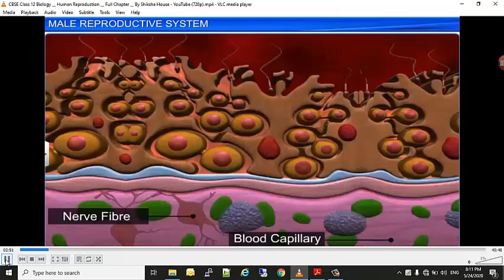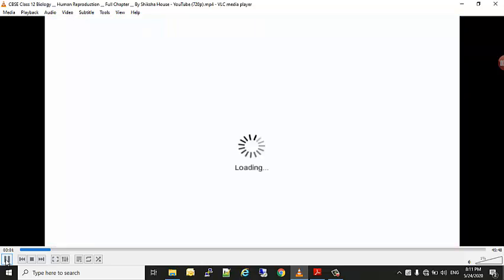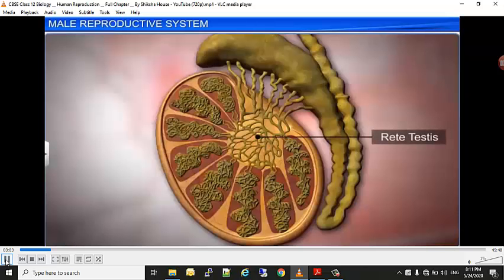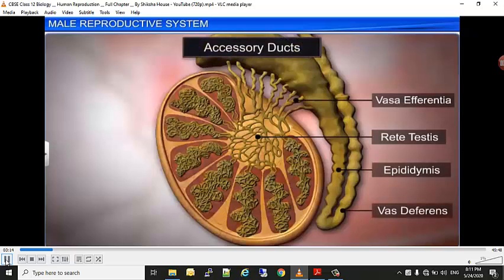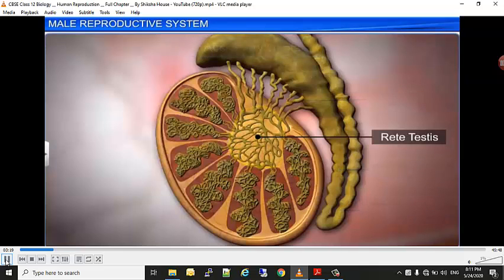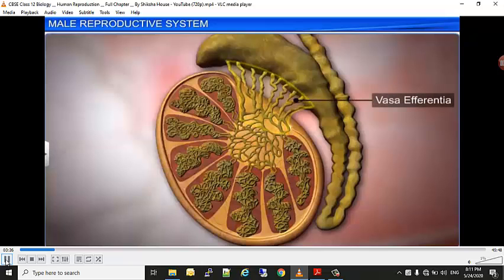Leydig cells synthesize and secrete testicular hormones called androgens. Yes, androgens. Rete testis, vasa efferentia, epididymis and vas deferens are the male accessory ducts. Rete testis is a network of ducts formed by the seminiferous tubules. Vasa efferentia are ciliated ducts that arise from the rete testis. They collect sperm and transfer it to the epididymis.